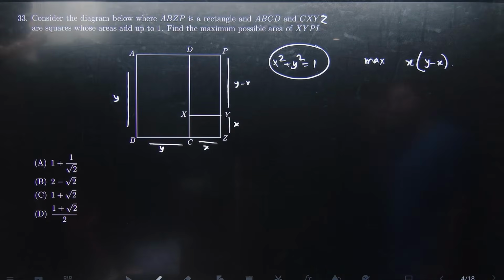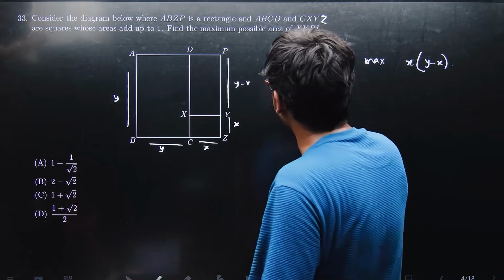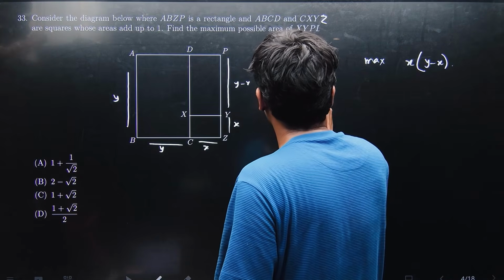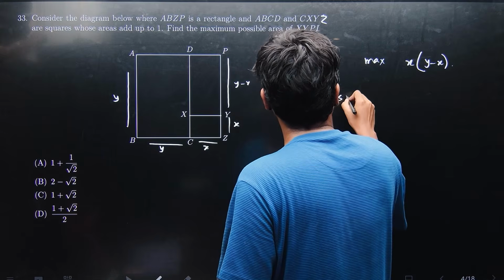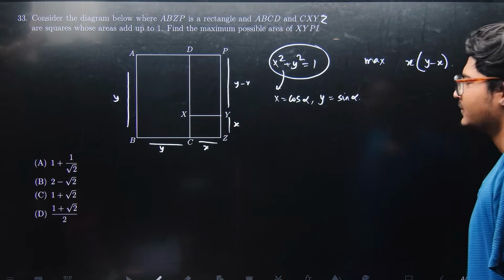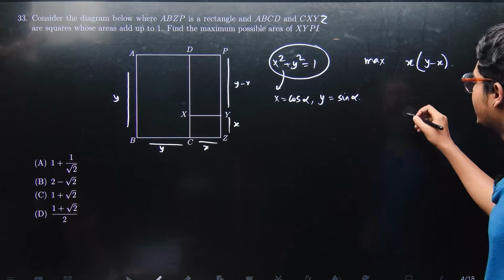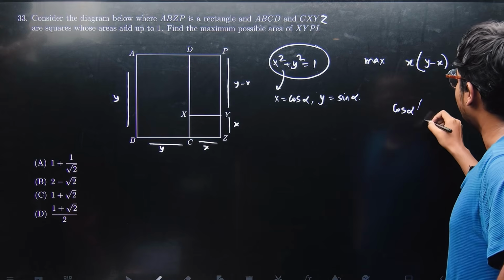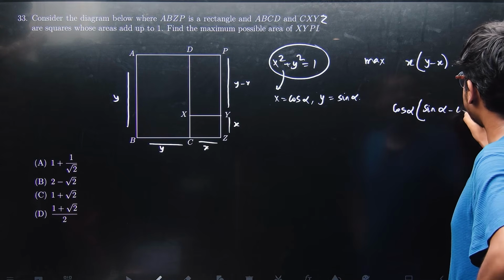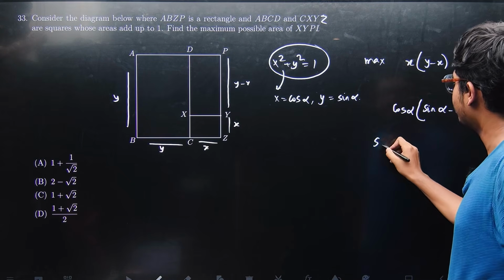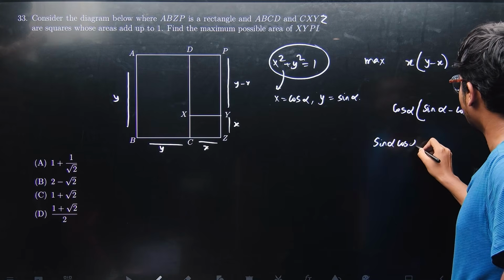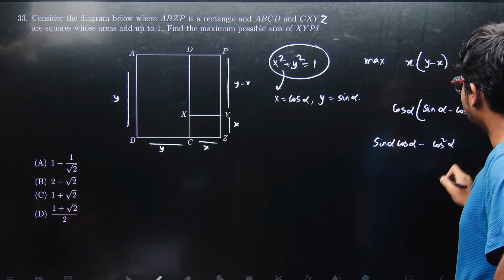Right? Cool. Now, if I take this x to be, say, cos alpha, and I take y to be sin alpha, I can always make the substitution, right? X square plus y square equal to 1, we are always allowed the substitution. Then this expression, x times y minus x, just turns out to be what? Cos alpha times sin alpha minus cos alpha, which will just give you sin alpha cos alpha minus cos square alpha, right?